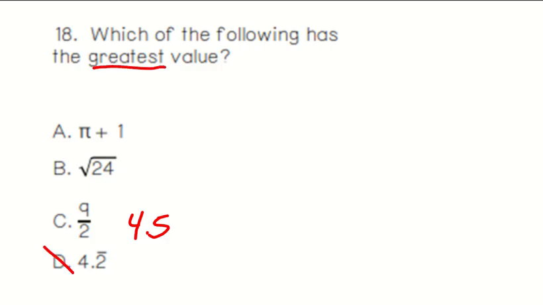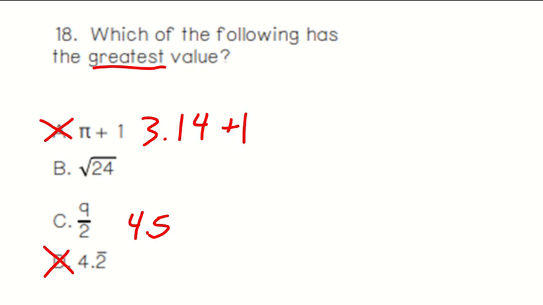That means we can cross off 4.2 repeating, right? Even though the decimal keeps going, it's 0.2 something, so that means it's less. All right, what number do we use for pi? 3.14, right? So we got 3.14 plus 1. Is that going to be more or less than 4.5? Less. That'd be 4.14, so we can cross off A.